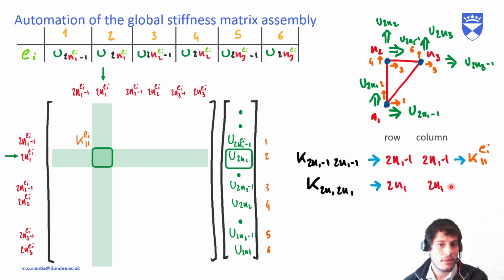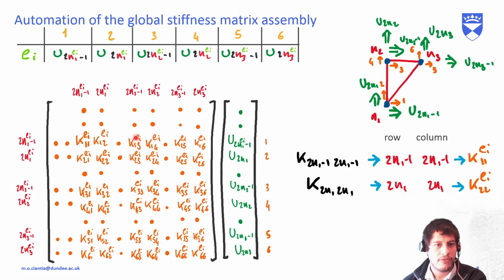And what element stiffness matrix term is going to be in this position? Well, here's our tip, number 2. And therefore we know it's going to be k22 of element I. So if we continue for all the terms and all the combinations, we can then fill our stiffness matrix with the element stiffness matrix, okay?